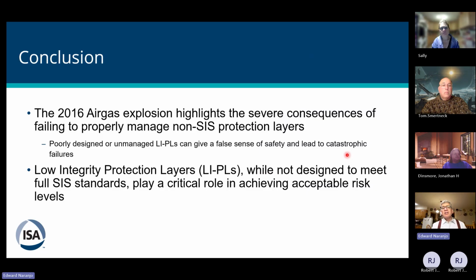The other point is that with the new standards, low integrity protection layers are given a place. They are not subject to the scrutiny of SIS, but at the same time, they are not left completely unattended. They do play a critical role in achieving acceptable risk levels.